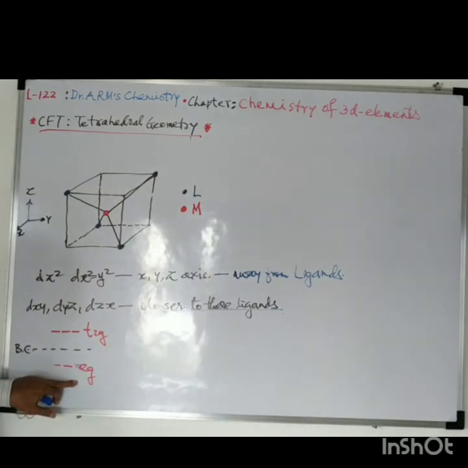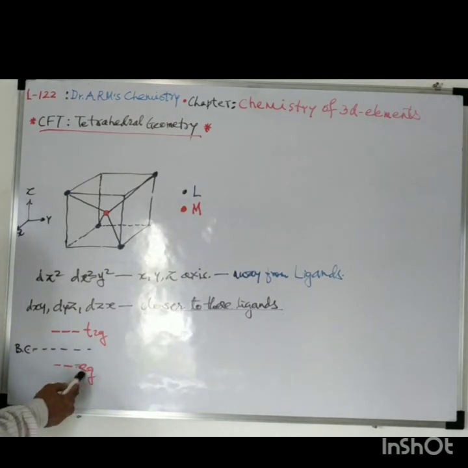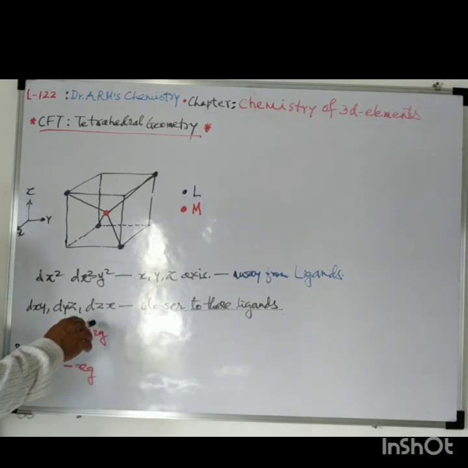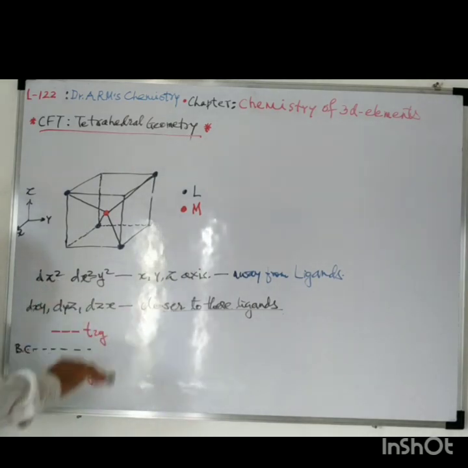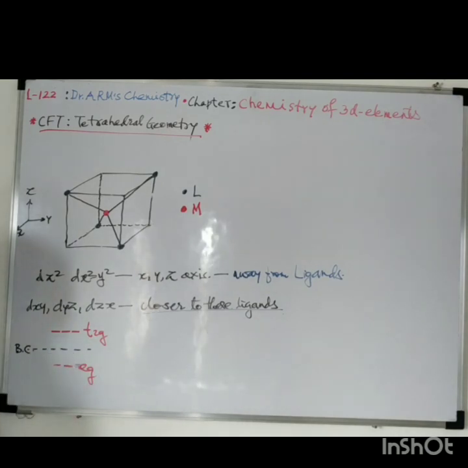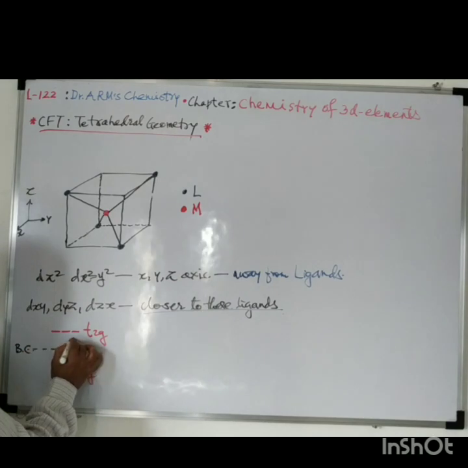Compared to octahedral splitting, this is exactly inverse. In octahedral splitting, the eg orbitals are lying at higher energy and the t2g orbitals at lower energy. But in this tetrahedral geometry, the eg orbitals are lowered in energy, whereas the t2 orbitals are raised in energy. So the energy difference between these orbitals is shown in this way.